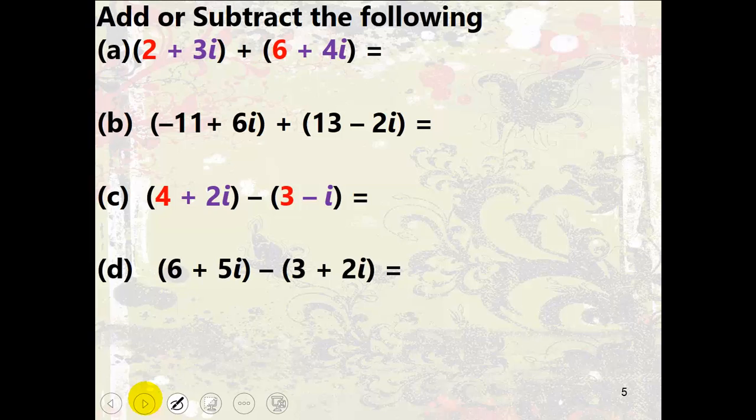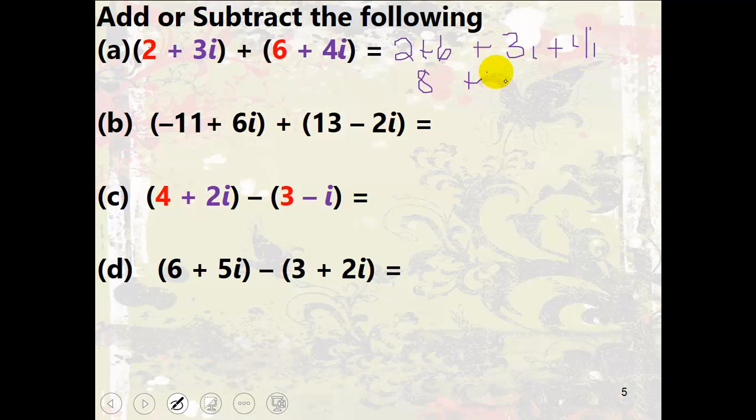So let's do some practicing. All right, this first one, we're adding these two complex numbers together. So I'm going to add my real components, what I also refer to as the constants. So I'm going to go 2 plus 6, and that's going to give me 8. And then I'm going to go 3i plus 4i, and that's going to give me plus 7i.